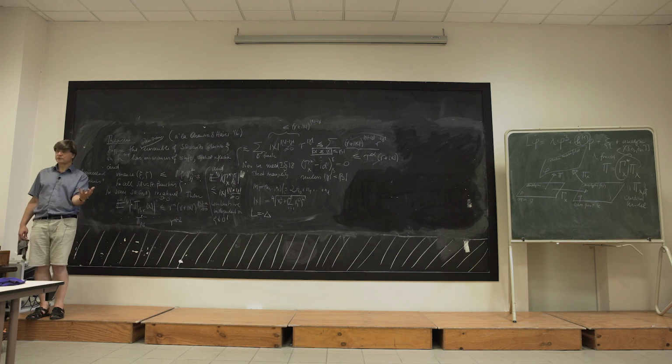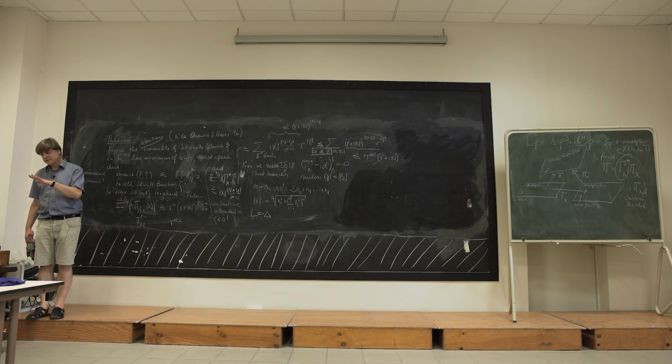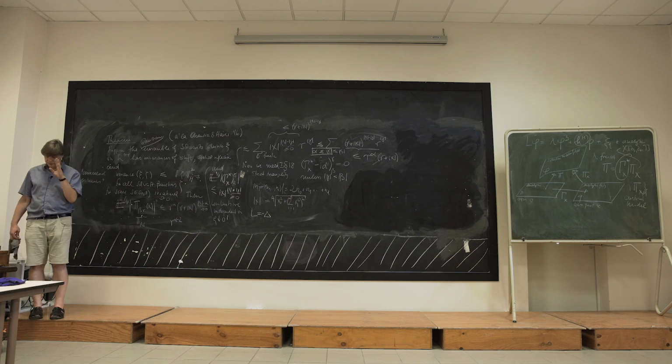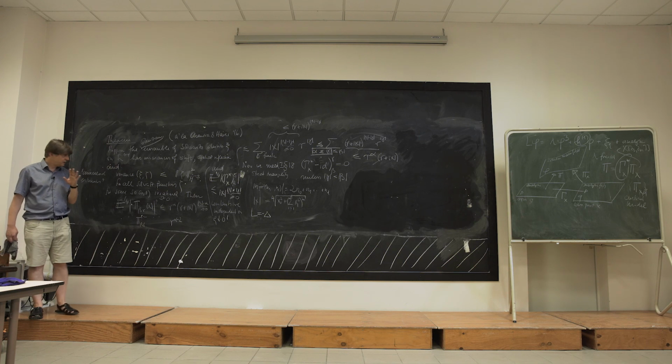There's a one-to-one correspondence between Gaussians and Hilbert spaces. Now one has to be a little bit careful whether you want to think of the Hilbert space as the Cameron-Martin space or its dual, its L2 dual.